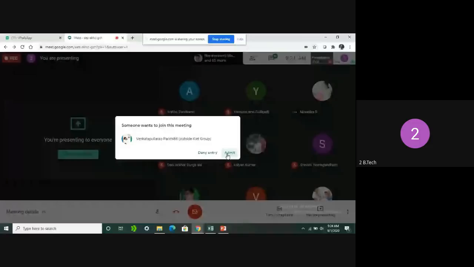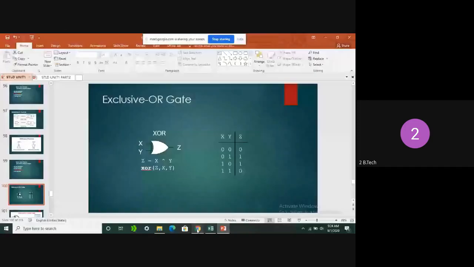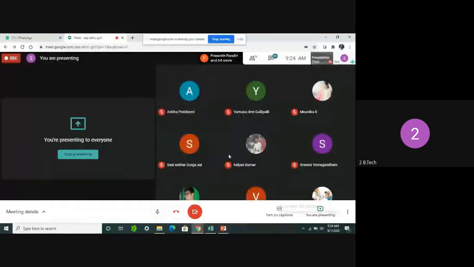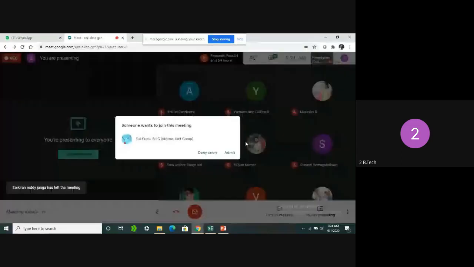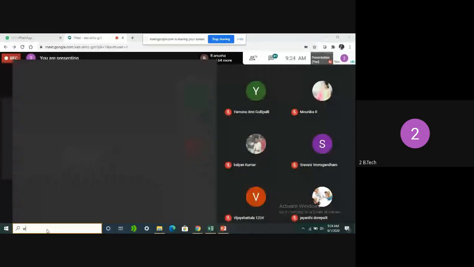Okay. So clearly, I am drawing it on the whiteboard. I am also going to write this exclusive OR gate. So this is the NAND gate that we discussed yesterday. Now we are going to see another important gate, that is nothing but exclusive OR.